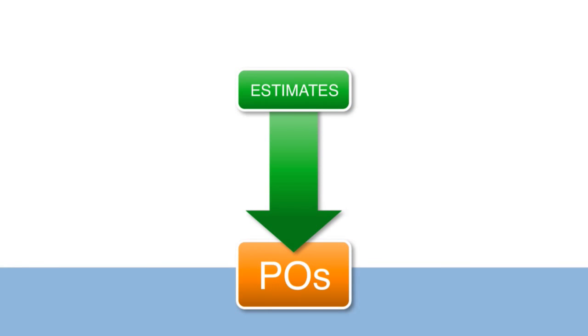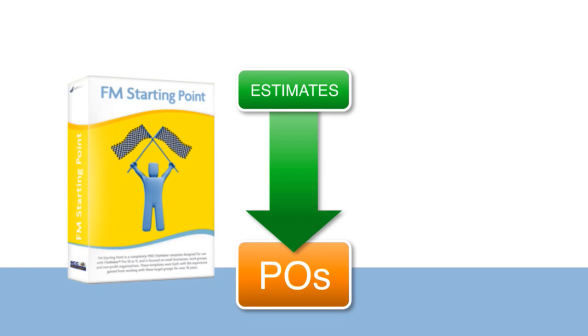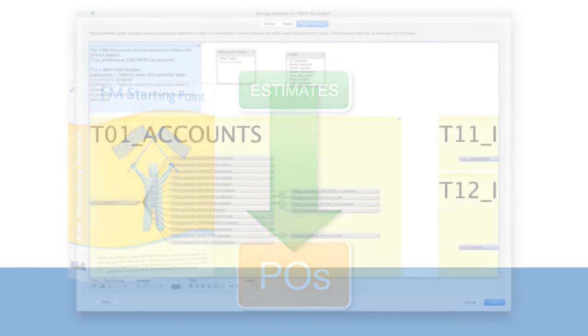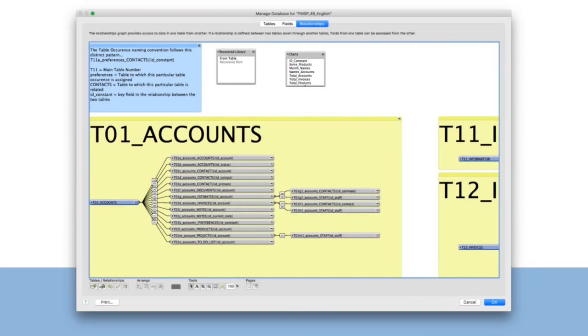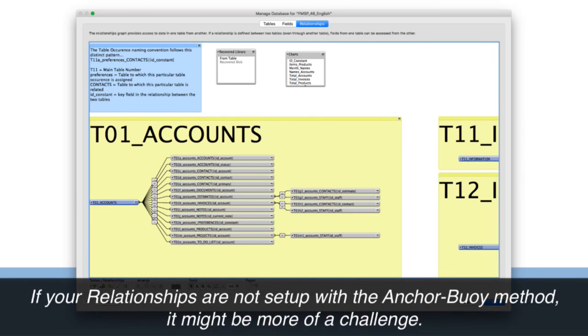So hopefully that gives you an idea how to duplicate a module in FM Starting Point, or maybe how to duplicate a module in some other database. Once again, understand that if you're using Anchor Buoy, that makes it real simple. If whoever built that database didn't use Anchor Buoy, then that might prove to be more of a challenge to find the necessary schema and to duplicate them and then adjust them appropriately.